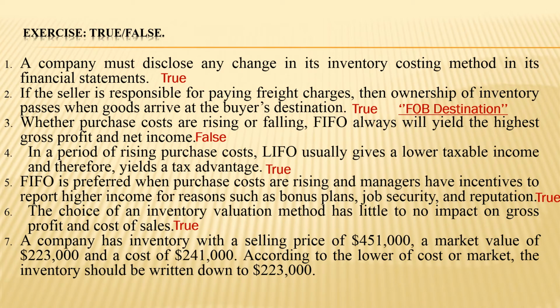I have here the market value of $223,000 and the cost of $241,000, and I am applying the lower of cost or market. So which one will be lower? Of course, the market value, which is $223,000. So yeah, the inventory should be written down to $223,000. So it's true.